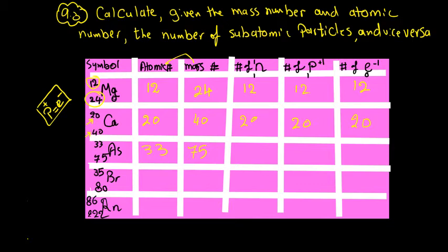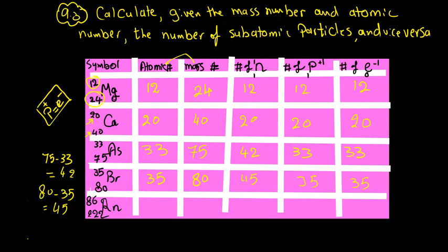To calculate the number of neutrons, you need to subtract 75 minus 33. The number of neutrons here equals 42. Number of protons, and here is the number of electrons. In this atom Br, 35 and 80, atomic number is 35, mass number 80, number of neutrons, also you need to subtract 80 minus 35, the answer is 45. Number of protons, and here is the number of electrons.